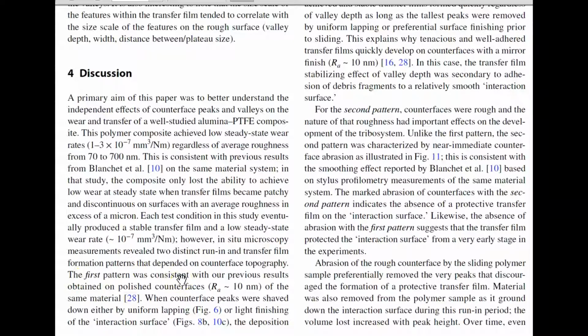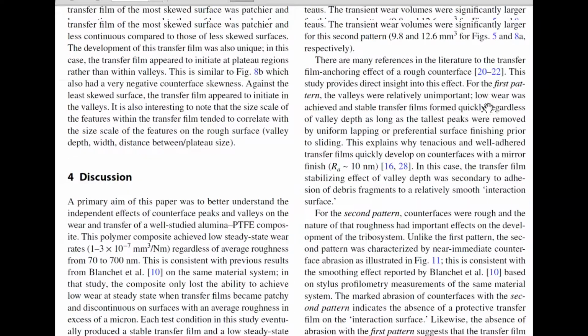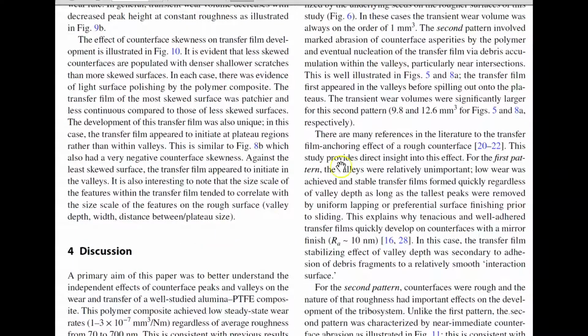Or they might say how it differs, how it contrasts or contradicts, or how it explains a phenomenon found in other studies. So look at how they use this language in here to show how they replicate, reinforce, and extend, contribute to other knowledge.